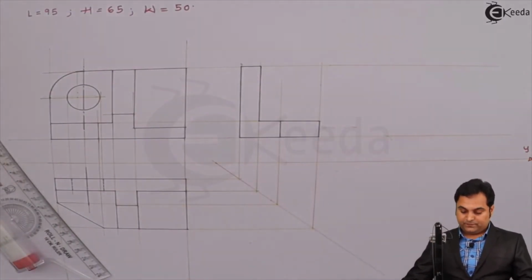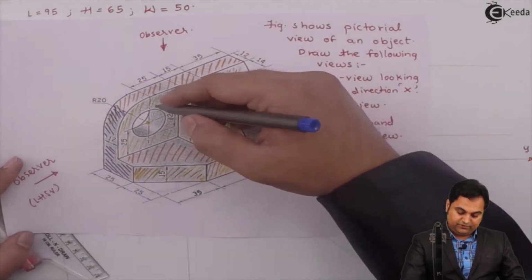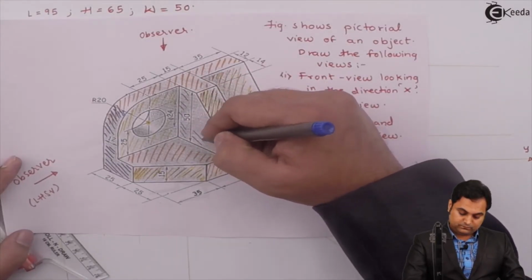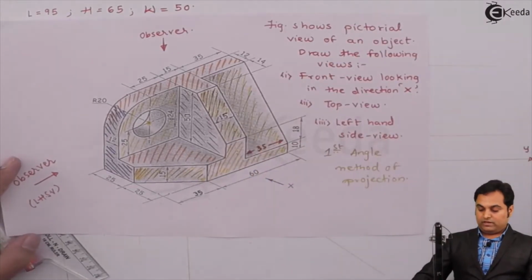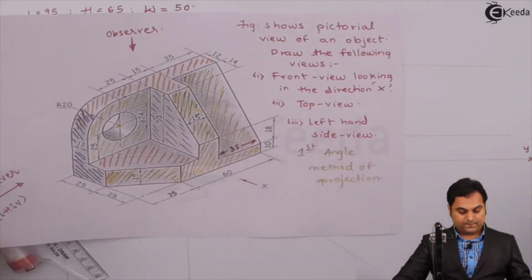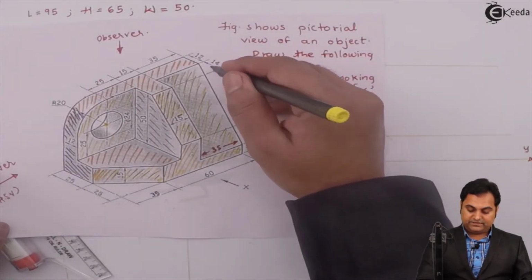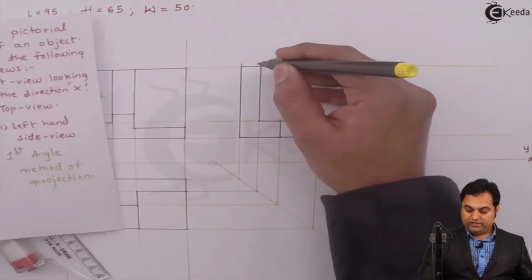Next, at the same time when we are looking from side, then this surface will also be visible. So I'm going to draw this surface. It is 14 mm ahead, as we see the width after 12 mm. Here it is 14 mm ahead.